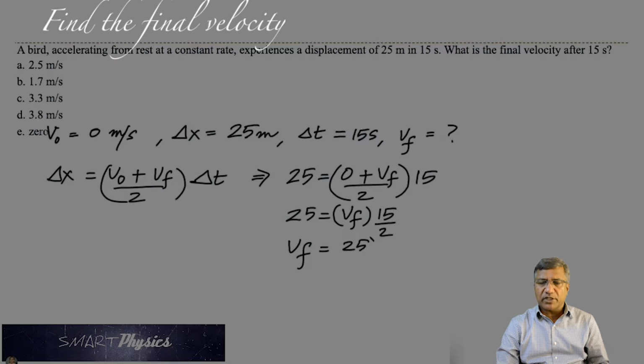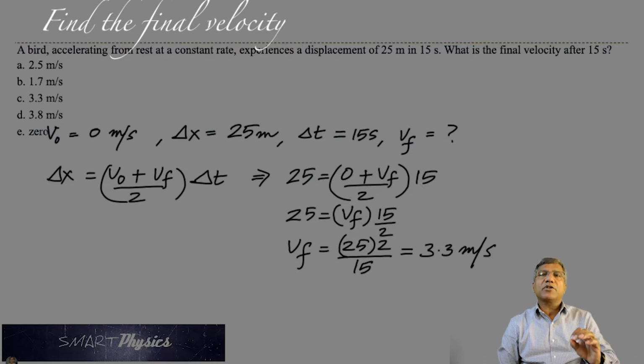So when I rearrange, it becomes Vf is 25 times 2 by 15, because when this goes to the other side, 2 goes to the top, 15 comes down. And when you calculate, you get 3.3 meter per second. That's how this problem is worked out.